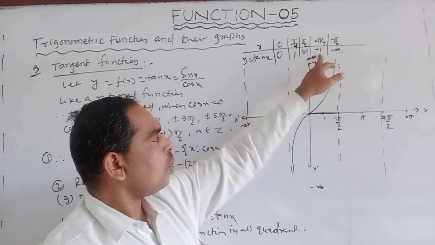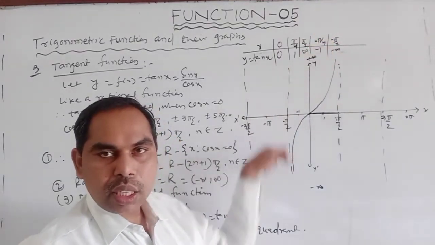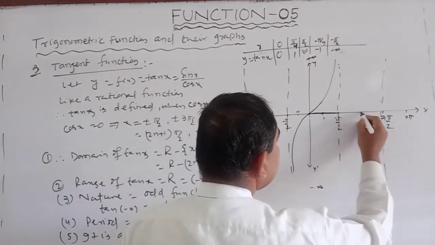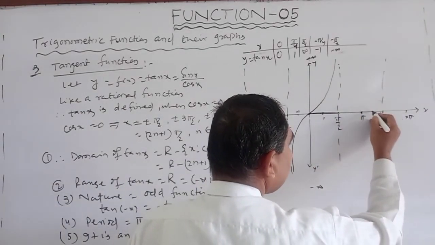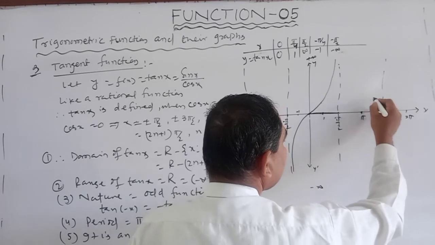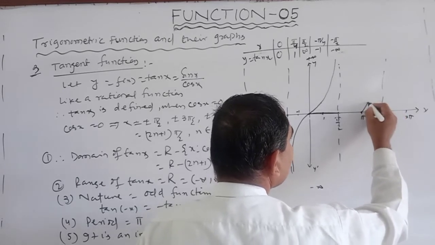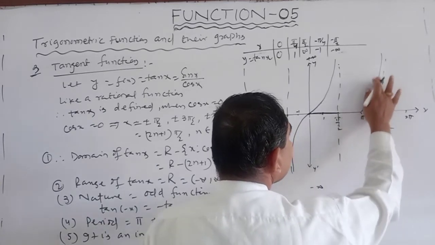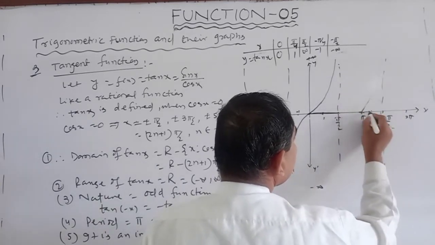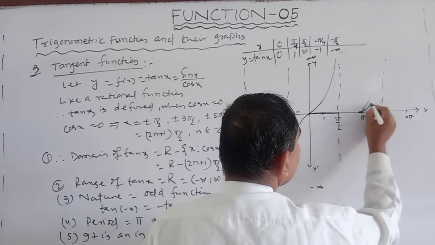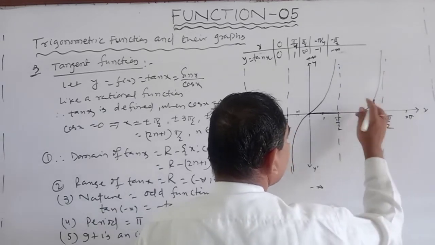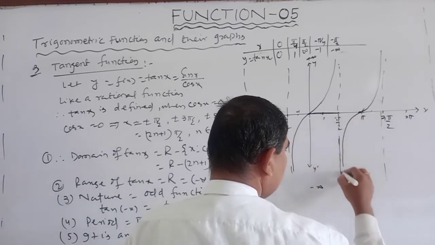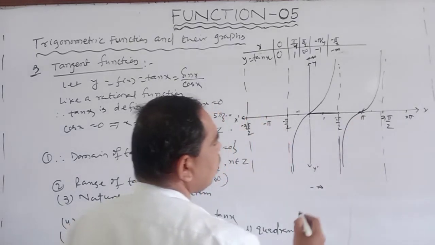Similarly, this is the same: tan pi is 0, tan 3 pi by 4 is minus 1, tan 3 pi by 2 is plus infinity. This type, the same again.